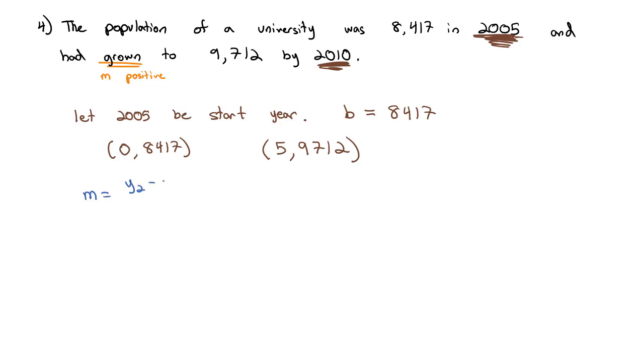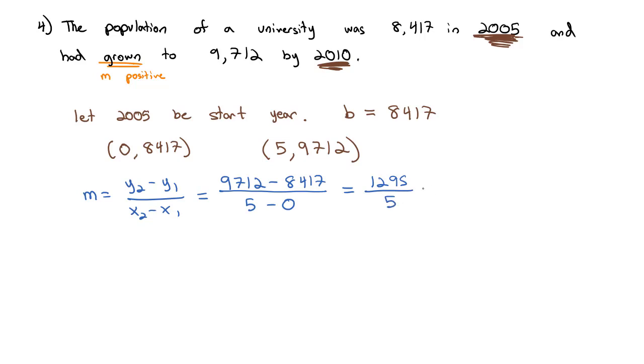Recalling the formula of y2 minus y1 over x2 minus x1, y2 is 9,712 minus 8,417 over 5 minus 0. Using my calculator to help me out a bit, that's going to be 1,295 over 5 minus 0 is 5. Dividing by 5 gives us 259.